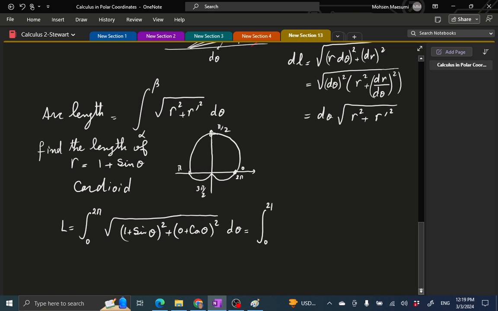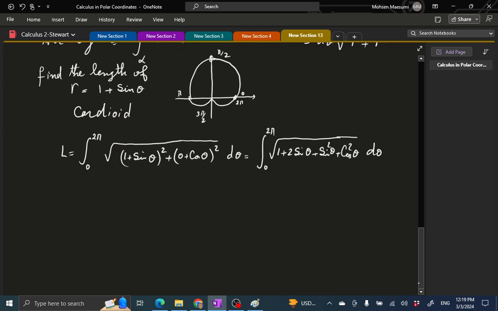Let's clean up a bit. This integral becomes the square root of 1 squared plus 2 sine theta plus sine squared theta plus cosine squared theta, d theta. As usual, this is just 1, so this becomes the integral from 0 to 2 pi of the square root of 2 plus 2 sine theta d theta.